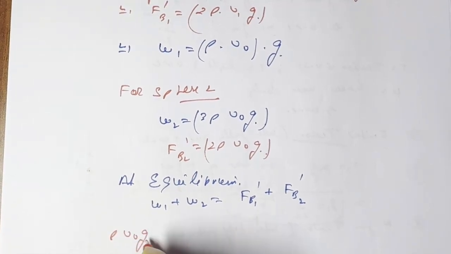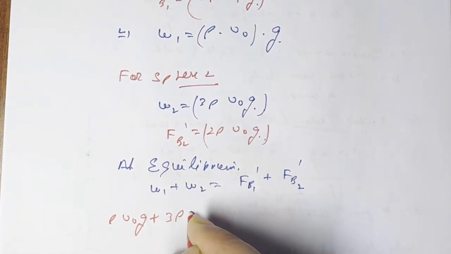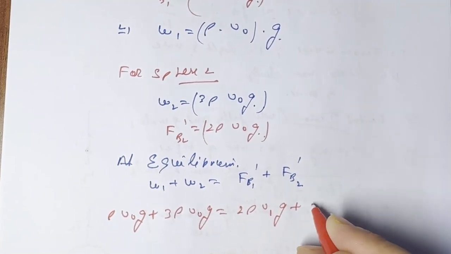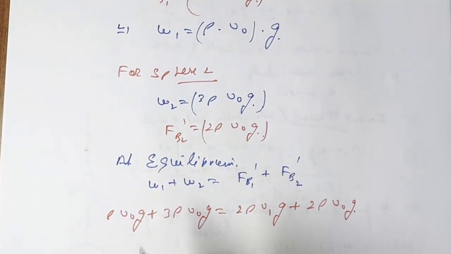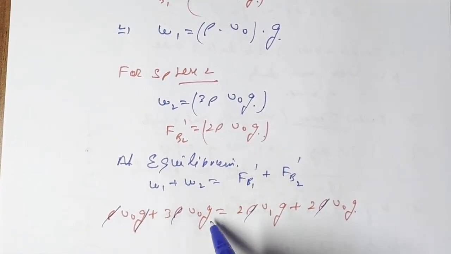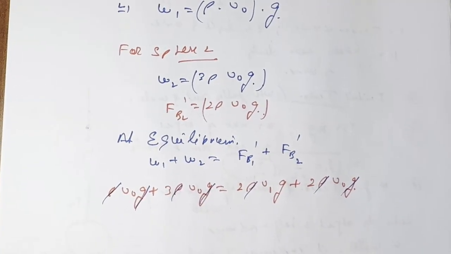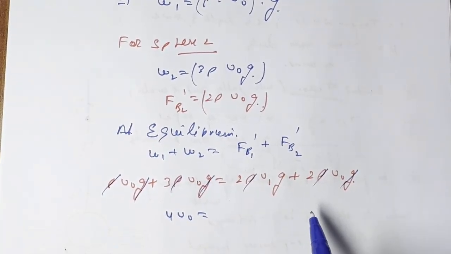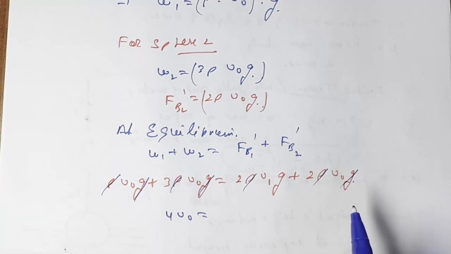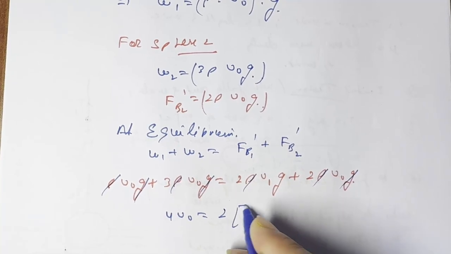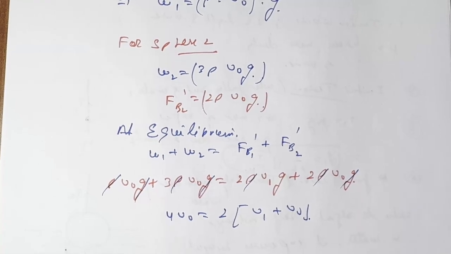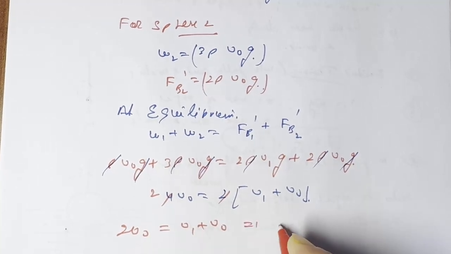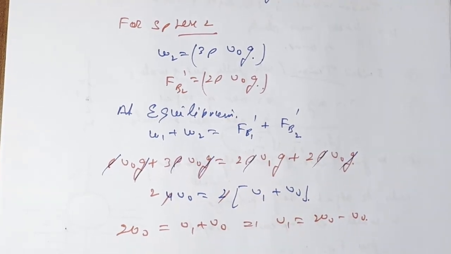W1 is rho V0 g plus W2 is 3 rho V0 g, and we have FB1 prime as 2 rho V1 g plus FB2 as 2 rho V0 g. Rho cancels out, and g also cancels out throughout, so we are left with 4 V0 equal to 2 V1 plus 2 V0. The 2 cancels, so we are left with 2 V0 equal to V1 plus V0, and this gives us V1 equal to 2 V0 minus V0.